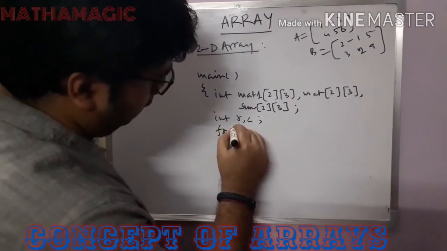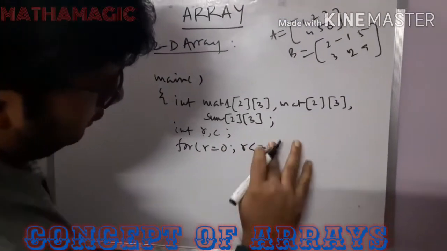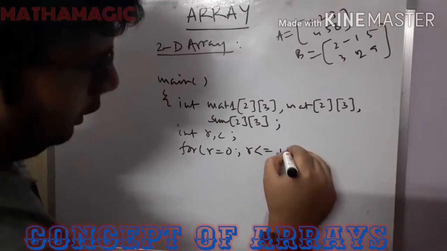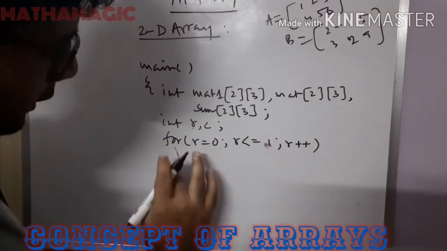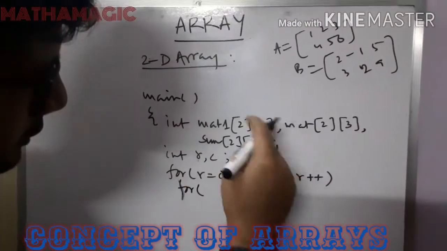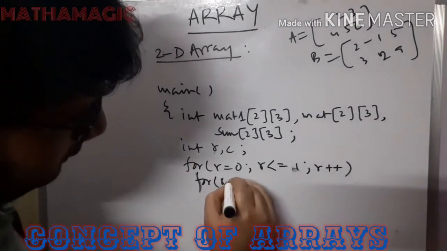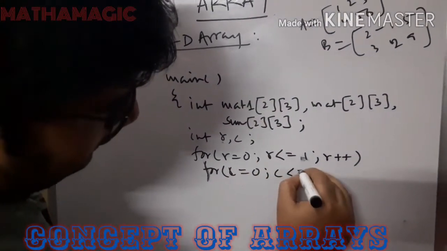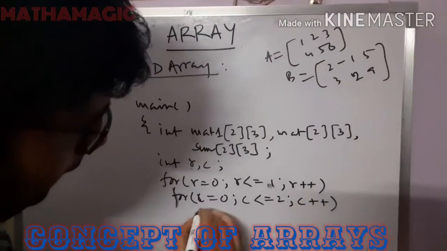So for loop r equals 0, r less than or equal to 1, and r plus plus. Now it will go for another for loop. Because this is a two-dimensional matrix, you need to use two for loops. So it will be c equals 0, c less than or equal to 2, and c plus plus.